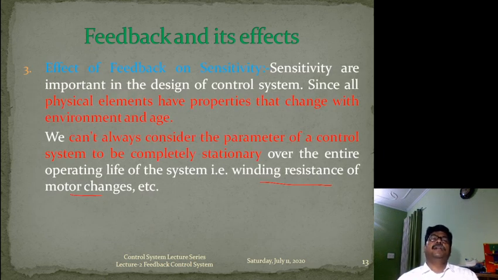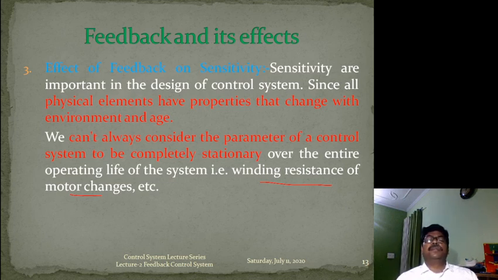Now the third effect is the effect of feedback on the sensitivity. Sensitivity is very important in the design of a control system, since almost all physical systems have properties that may not remain constant throughout their life. Means due to aging and environmental impact, the parameters of the physical system may vary.